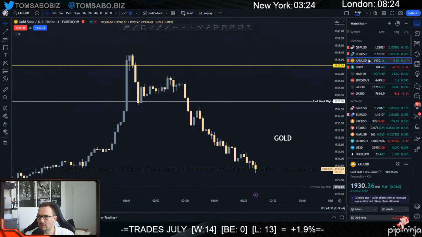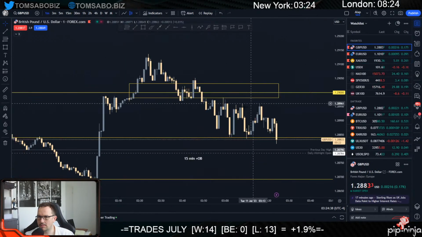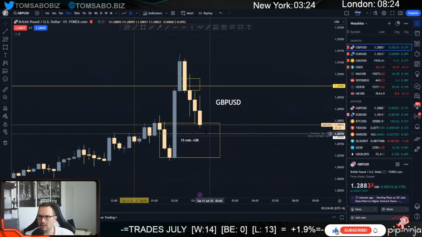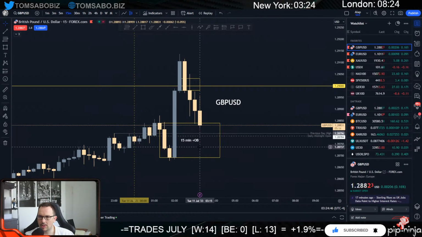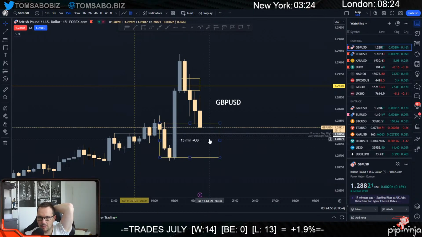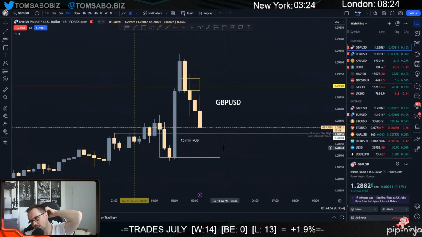Gold breaking lower a little bit, just as pound. Look at pound. Pound is digging deeper into this bullish order block. So this would be interesting to see on the 1 minute if it forms a bullish structure, some kind of an entry maybe to go along.